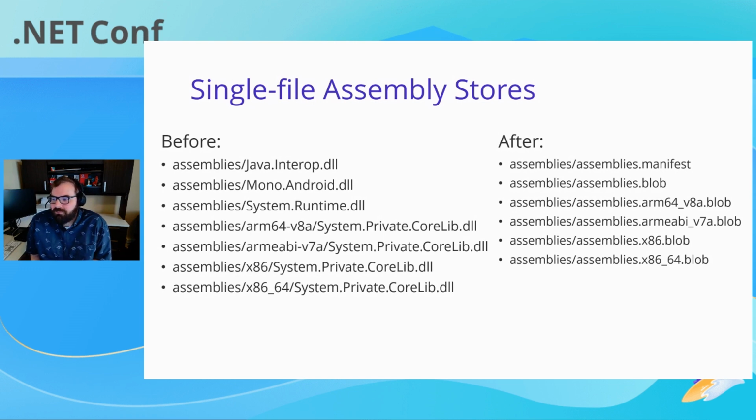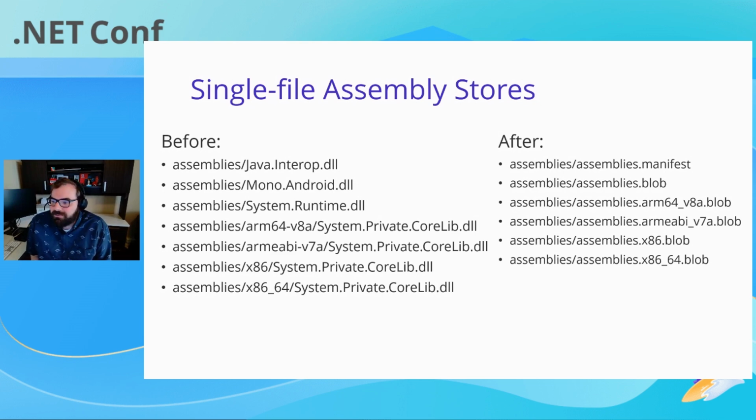And so what we do is we use a system call called mmap, and we had to load all these individually. So we did some work at build time. We pack all these files into smaller files. Let's say you're a Maui app and you had, I don't know, 30 assemblies, 50 assemblies, depending on how big your app is or what's in it.